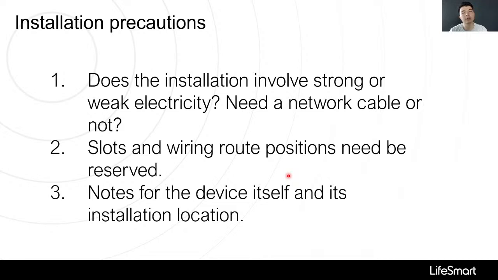So before installing, the customer and you could ask, does the installation involve strong or weak electricity? Need a network cable or not? And if the slots or wiring route positions need to be reserved, and then the loads for the device itself and its installation location, and so on.